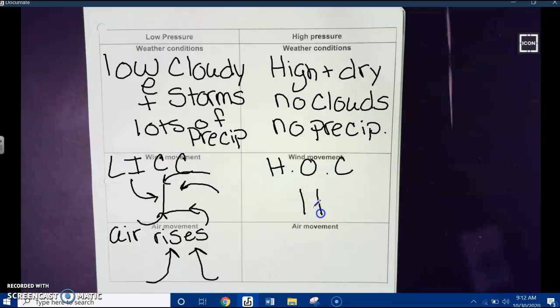So this time, our arrows are going to the right, and they're going in an outward direction. High, out, clockwise. In this pressure system, our air sinks.